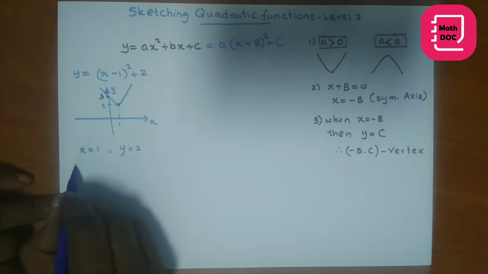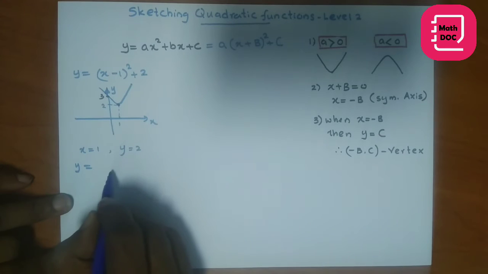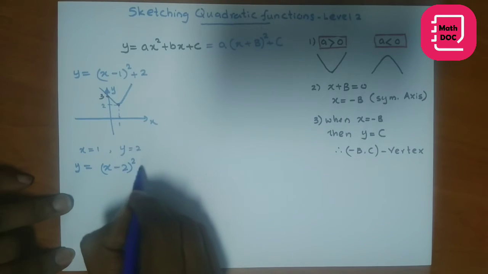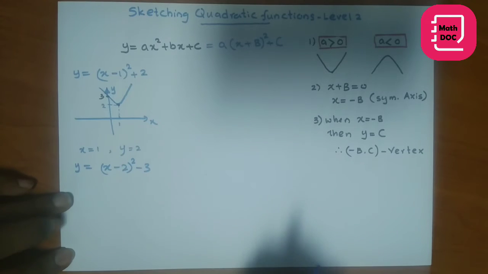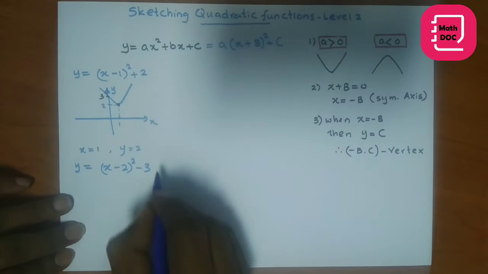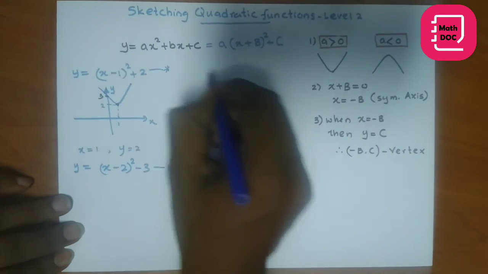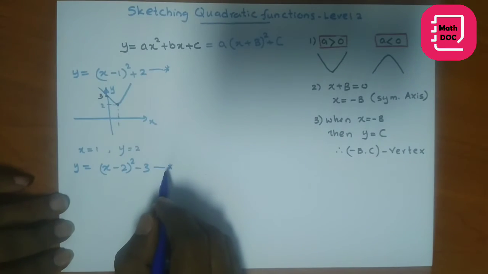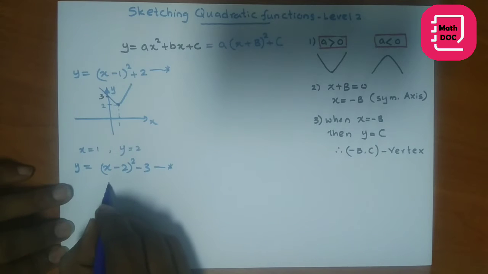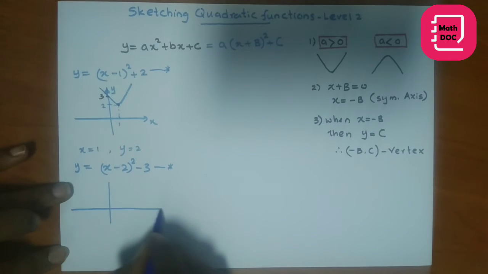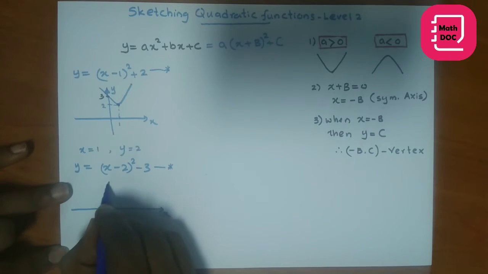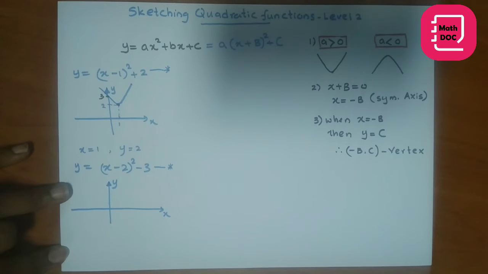Let's sketch another one. y equal (x minus 2) squared minus 3. Same order. Let's start sketching. Here x-axis, y-axis.